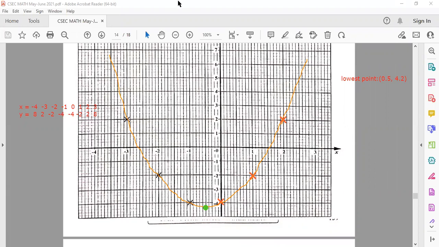If the curve went in this direction, in blue, we would have a highest point. Only if the curve goes in this direction would we have a highest point. Okay.